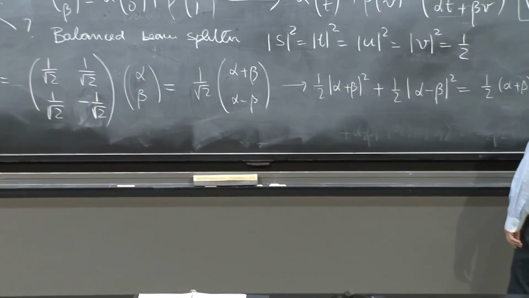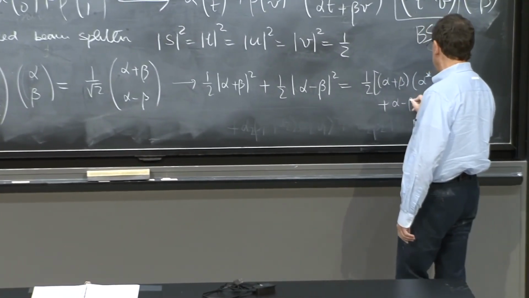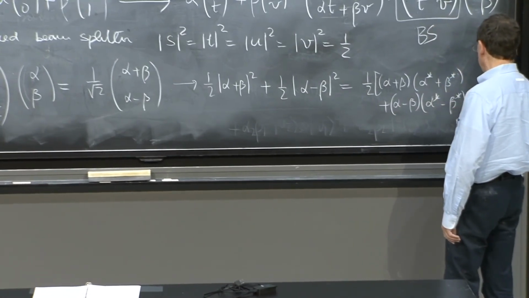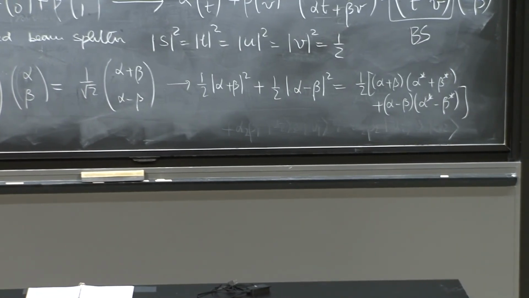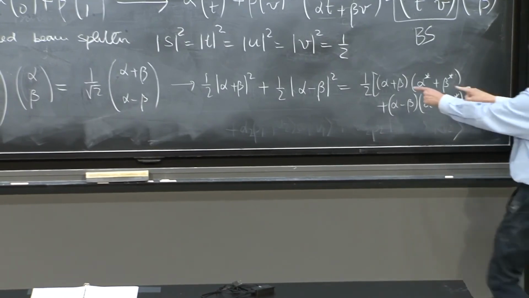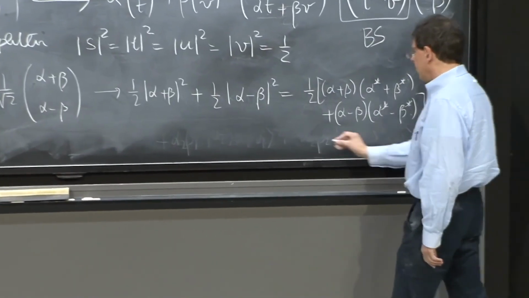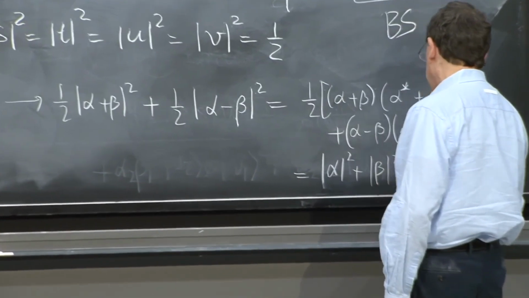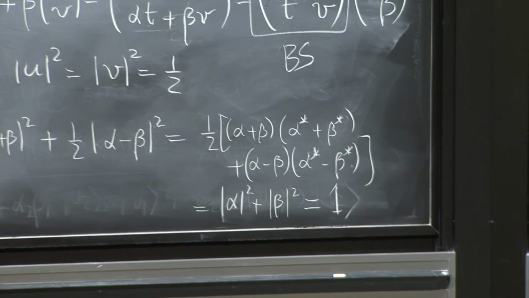Alpha plus beta times alpha star plus beta star, plus alpha minus beta times alpha star minus beta star. Well, the cross terms vanish. And the alpha alpha star, beta beta star add. So you do get alpha squared plus beta squared. And that's 1 by assumption because you started with a photon. So this works. This is a good beam splitter matrix.